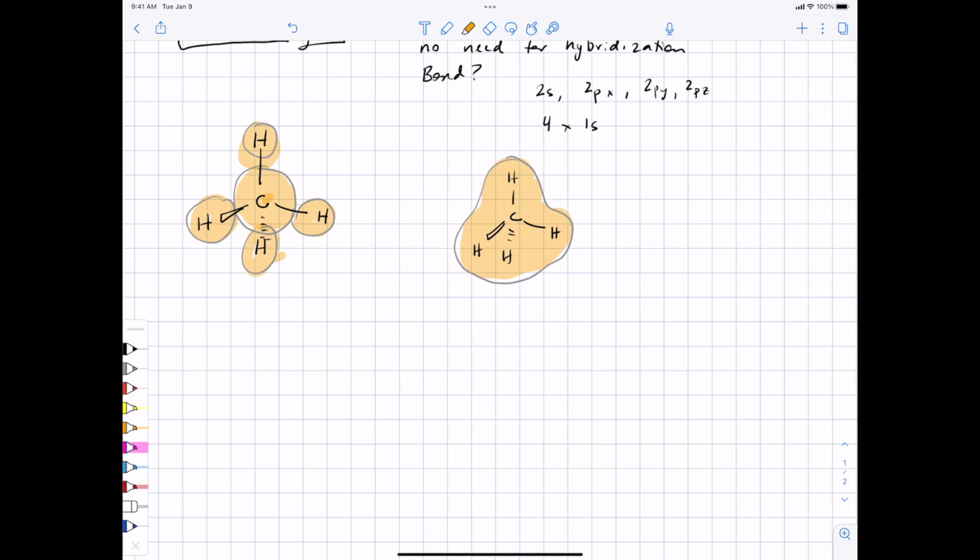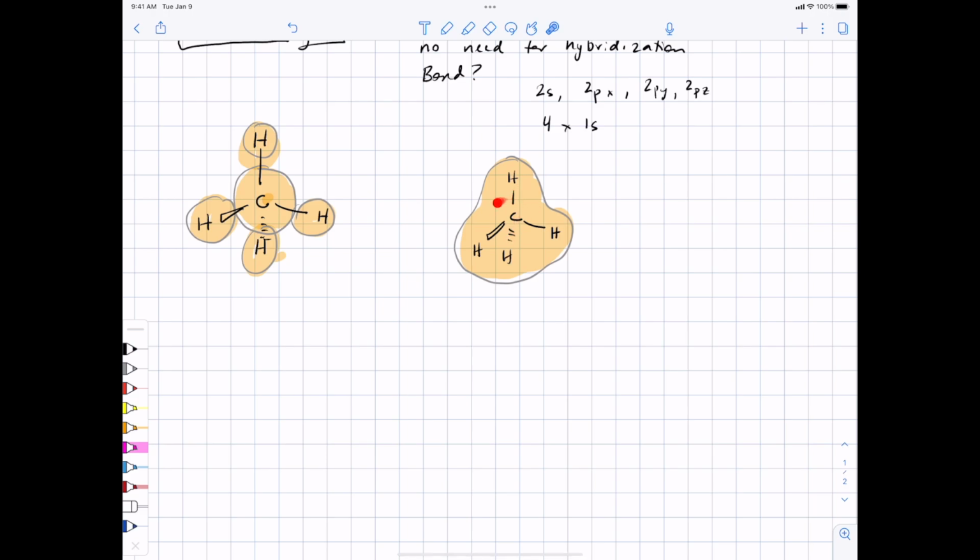Well, which bond does this represent? Yes and no. Sorry, it doesn't represent a bond. It represents a pair of electrons delocalized across the whole molecule. And overall, we're going to end up with four pairs of electrons in an orbital like this. We call this a bonding molecular orbital because there is continuous overlap without a node between the carbon and each of the hydrogens.